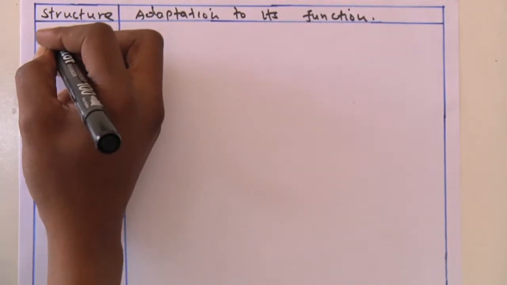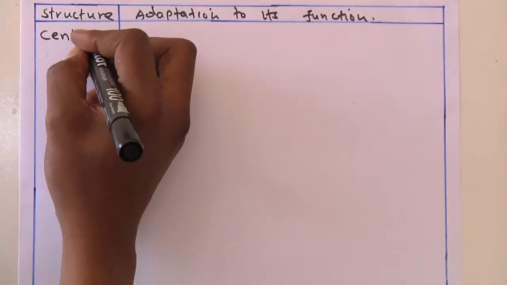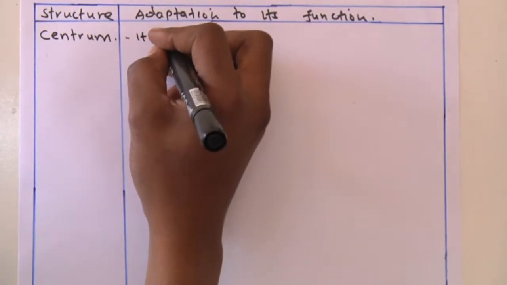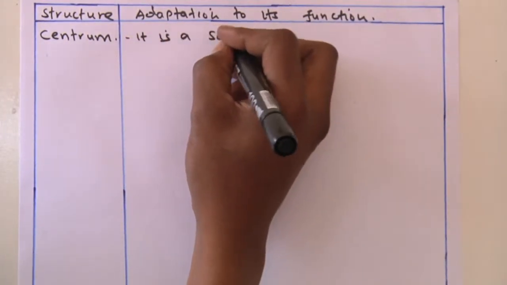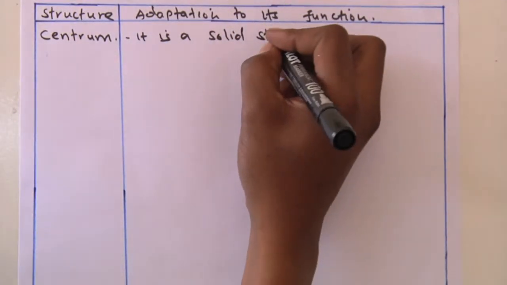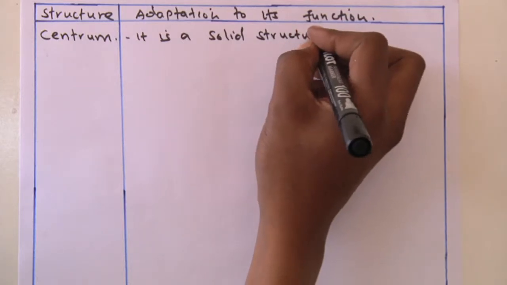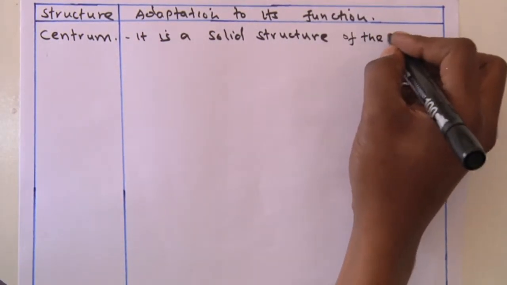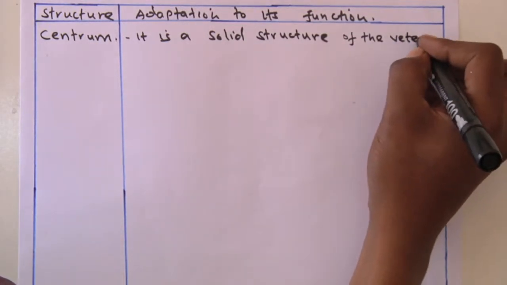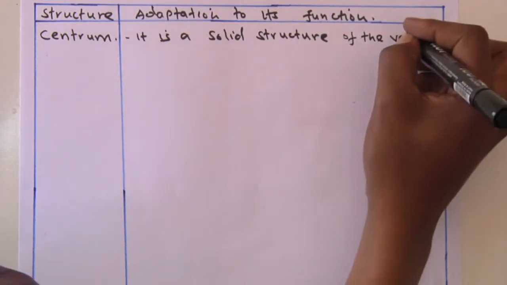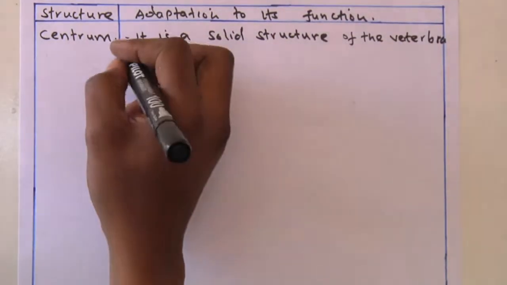So we always have a structure known as the centrum. And what is the function of this centrum? We say that it is a solid structure of the vertebra. And what does it do that it is now the solid structure of the vertebrae?